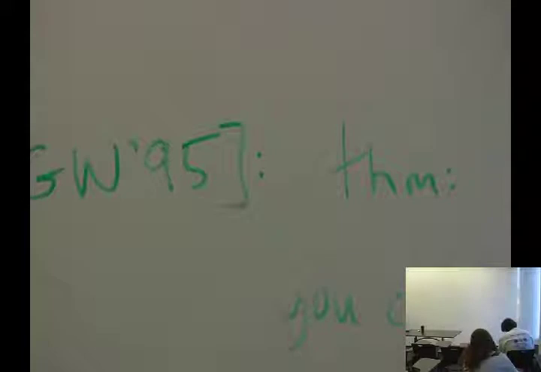The probability the test accepts f is at least this larger number, half minus a half rho, if f is a dictator.